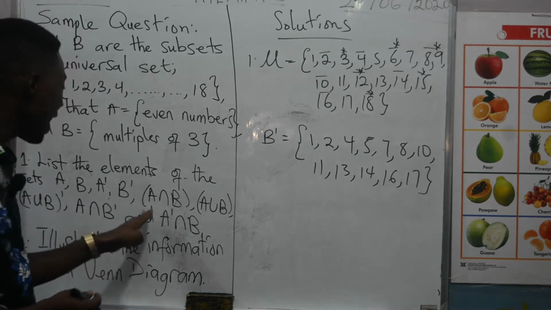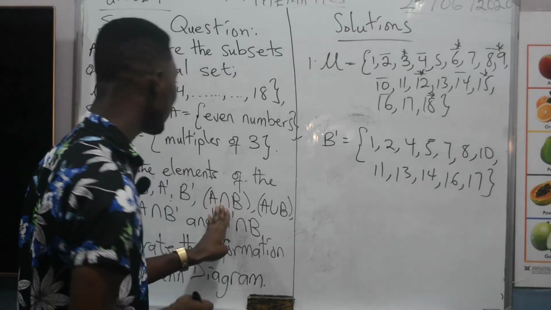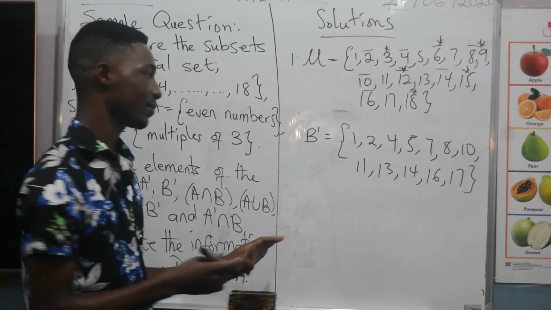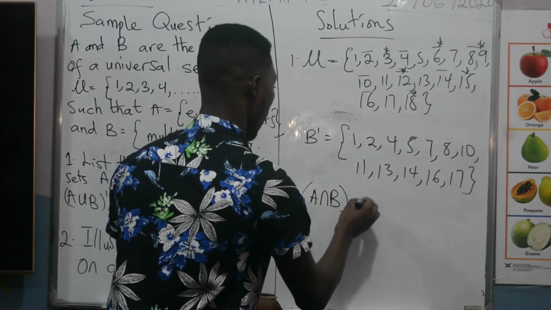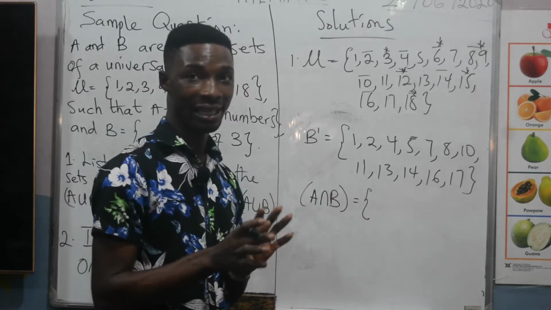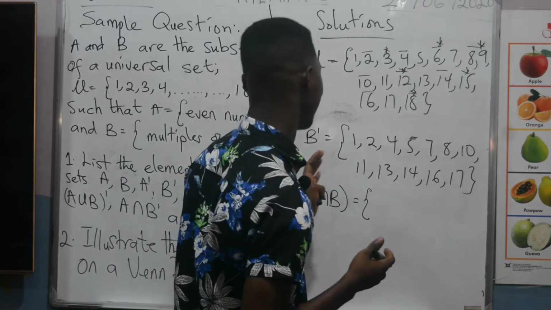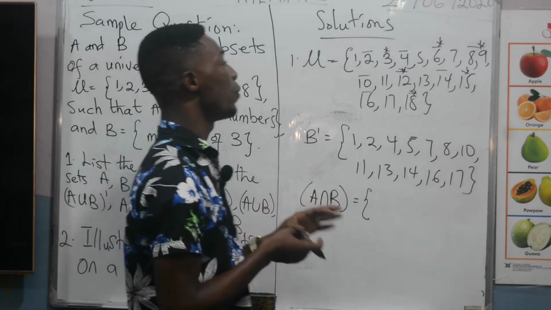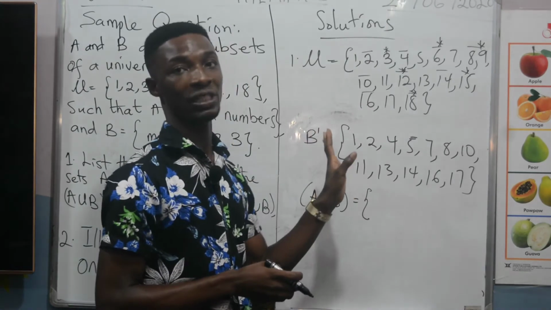The next one is A intersection B. A intersection B is a set that will contain elements which belong to both A and B. So let's find A intersection B. Looking at the sets A and B as you have listed the elements, which elements do you think are common to both? We saw that A contains even numbers in the mother set, and B contains multiples of 3.